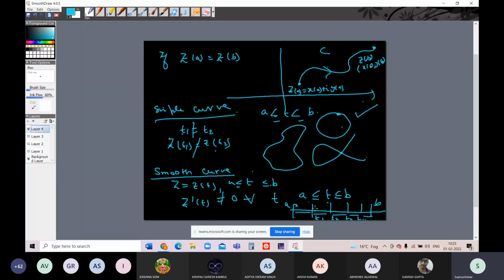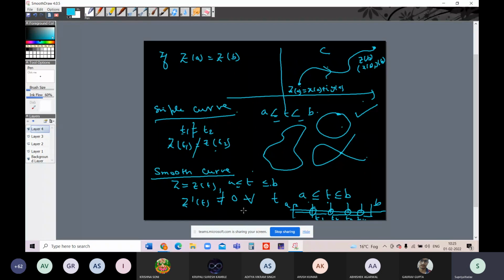Maybe at the end points z dash t is discontinuous, because its property is that z dash t is also continuous, but maybe at the end point z dash t is not continuous.